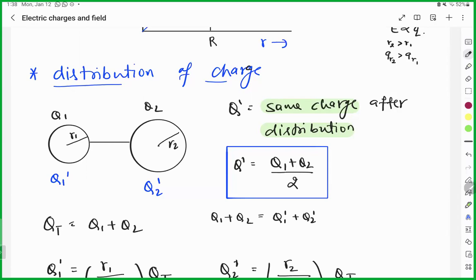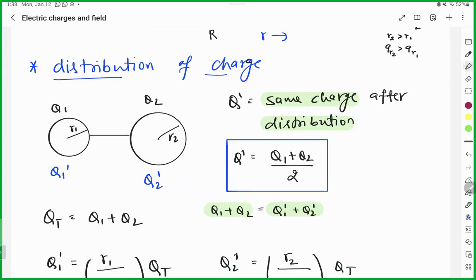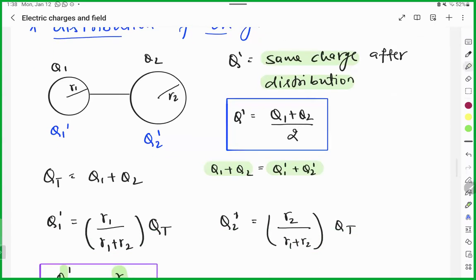Yes, sir. So I will not take much time, but this is an important concept where you understand total charge will remain the same. Charge before distribution and charge after distribution, it will be the same.